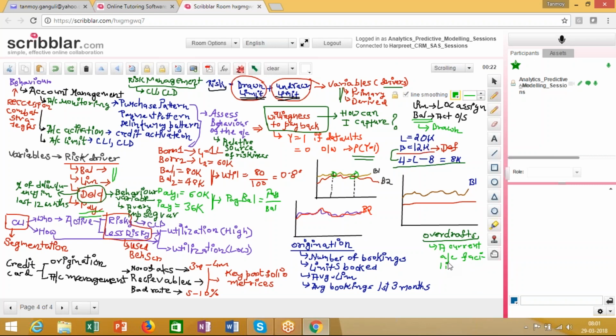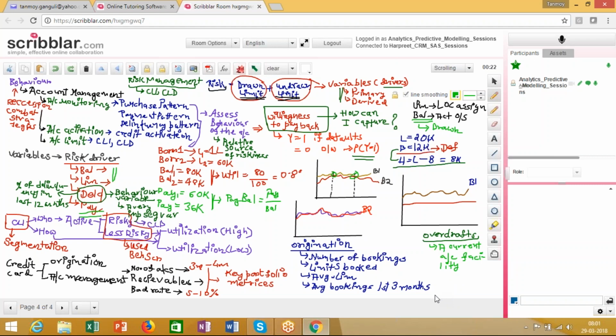It's a current account facility. So what type of a facility is it? Under this current account facility, what we can do is we can do the following. We can actually use this current account.